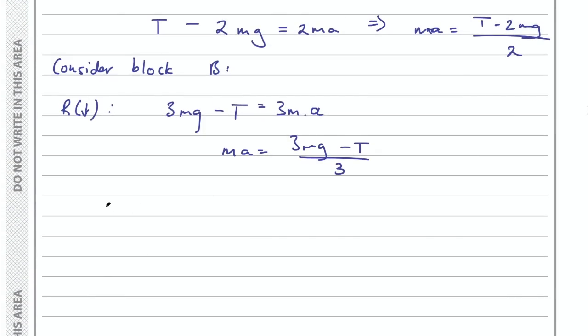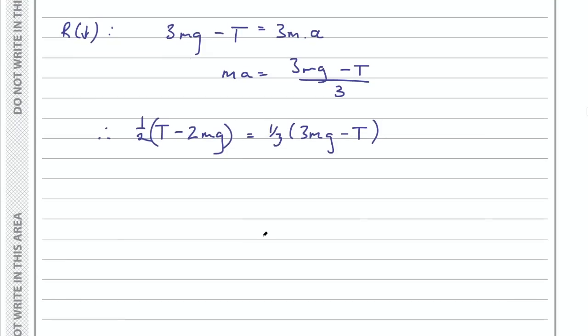So therefore, I have T take 2mg, actually multiplied by a half, might be a slightly easier way to write it. This is equal to 1/3 times 3mg take T, and then multiplying through by 2 and 3, I'd end up with 3T take 6mg equal to 6mg take 2T.